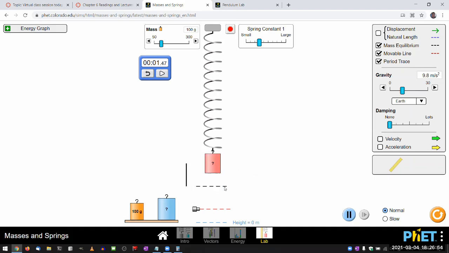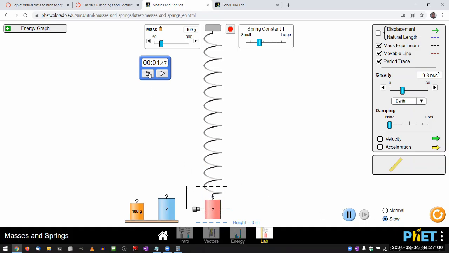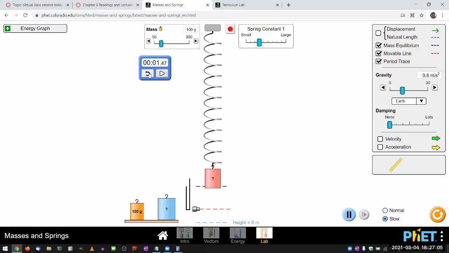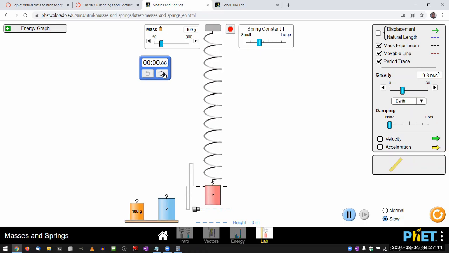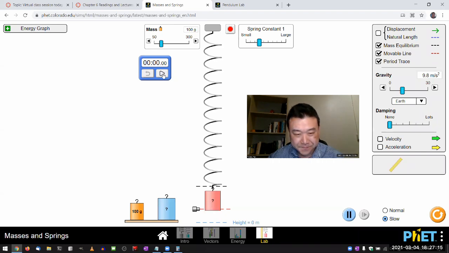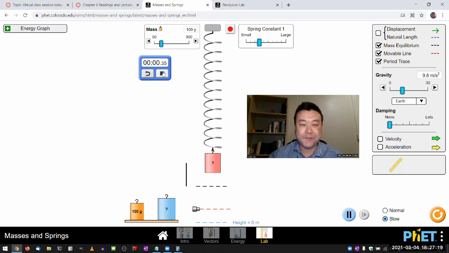Oh, it looks faster because I'm on normal. Let me do it again on slow so that it kind of matches up. So it goes down, and then on its way up, I'll catch it. Okay, on its way up. It's moving at about half the speed that it was moving before.